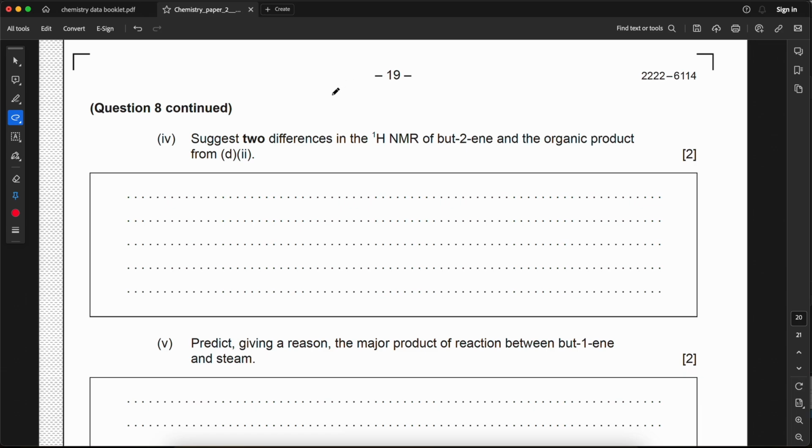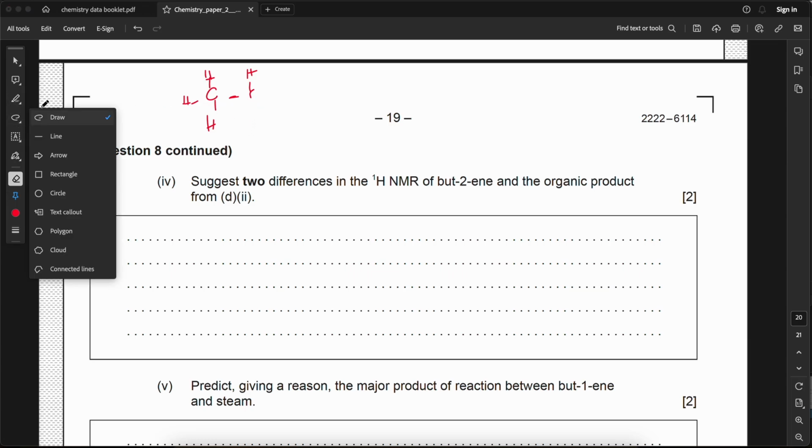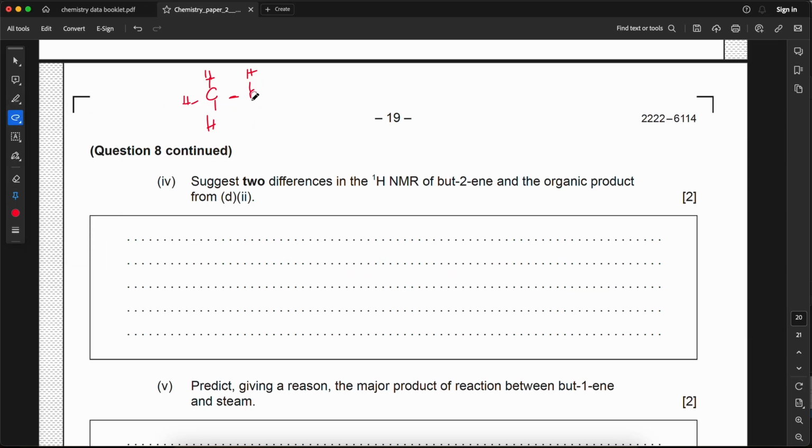Suggest two differences in the H NMR of butene and the organic product. So butene, okay, that would be CH3, CH, CH, CH3.